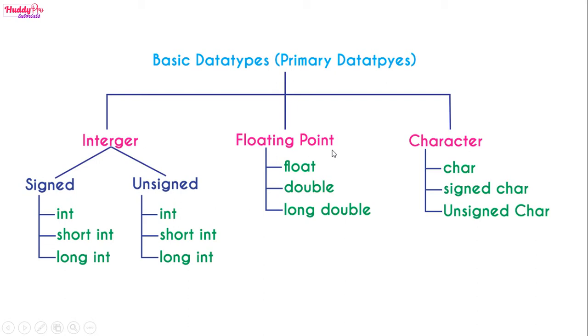Then the floating point data type can also have varieties, as in float, double, and long. Then the character, we use the char. It can be a signed char or unsigned char. When you talk about signed char, signed int, signed short int, signed long int, signed means it has a negative sign. Unsigned means it has no sign. In other words, it is positive.